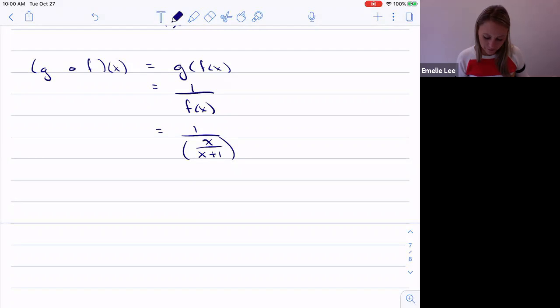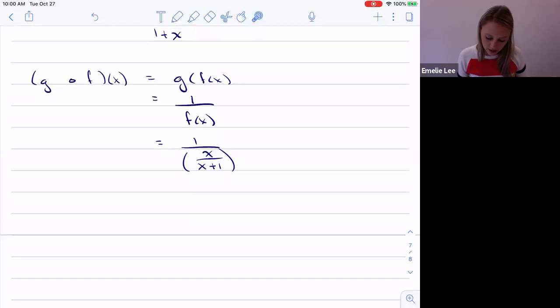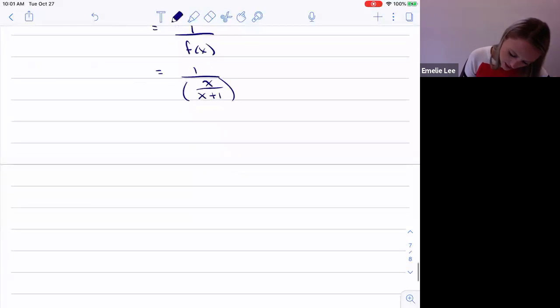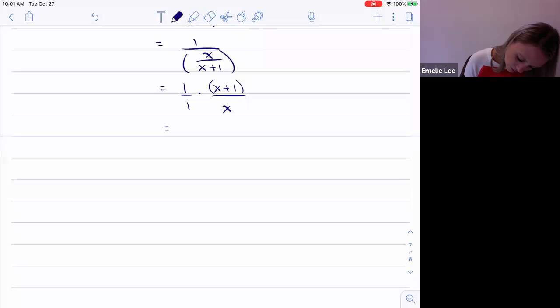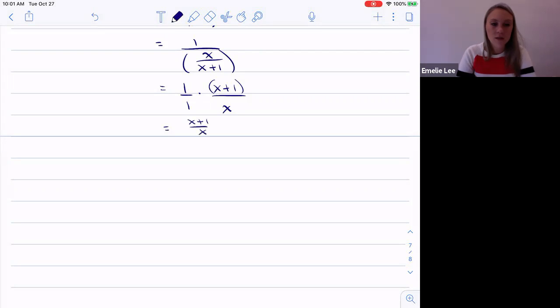Okay. So what I can do is I've essentially got a fraction over a fraction again. So I can simplify this and say, well, this is the same as 1 over 1 times x plus 1, put that in brackets just to show that it's one thing, over x, which is just going to be x plus 1 divided by x.